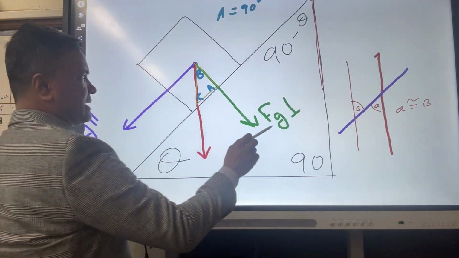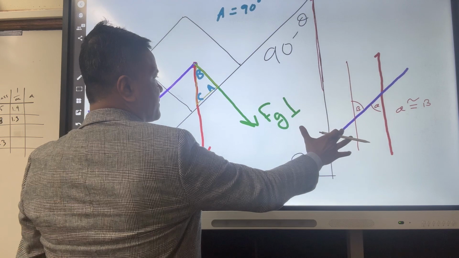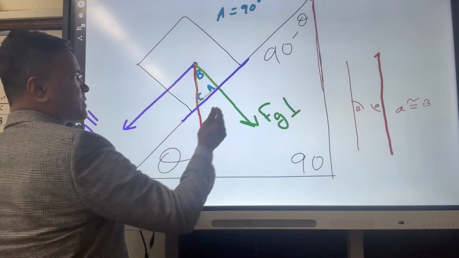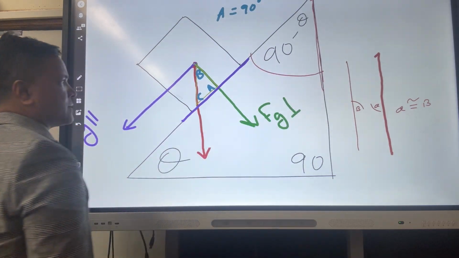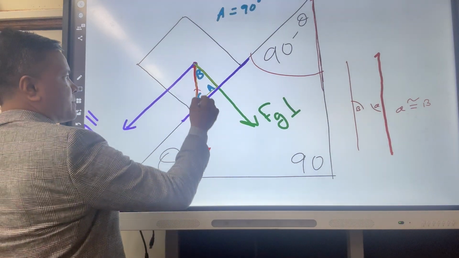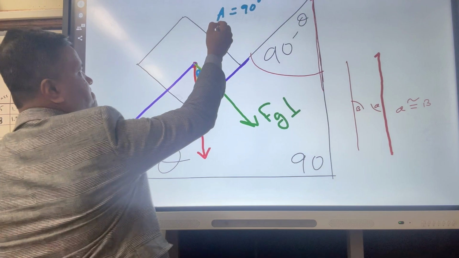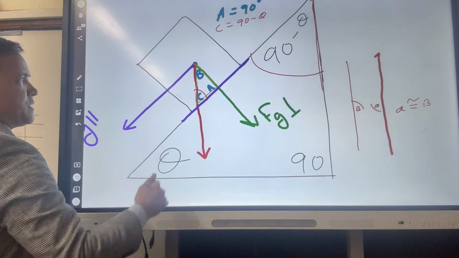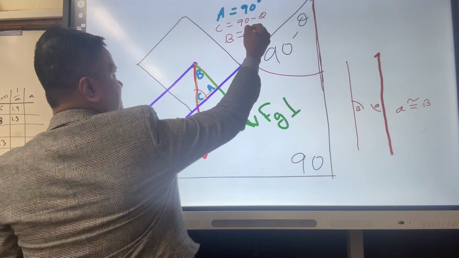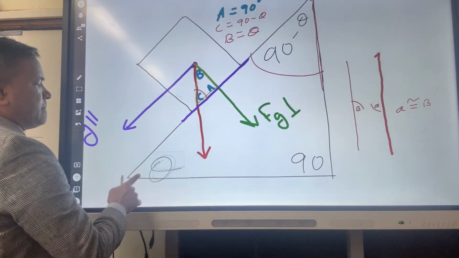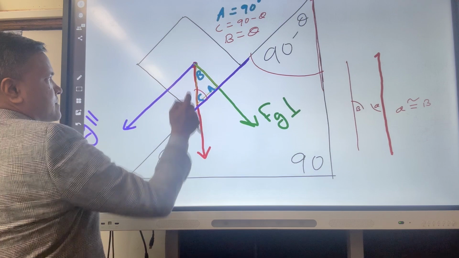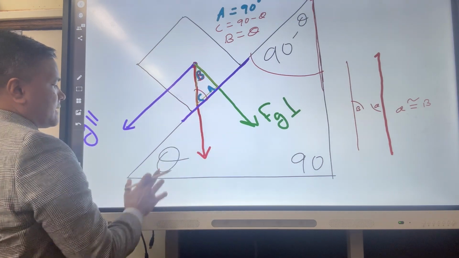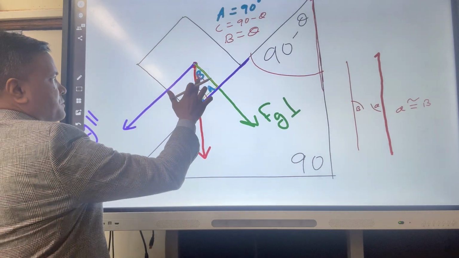If you put it over here, what is the alternate interior angle of this one? Of course, C. So now you know C: 90 minus theta. Therefore, you know B is theta. If you know this angle, you know this angle. If this is 20 degrees, this is 20 degrees. If this is 30 degrees, this is also 30 degrees.